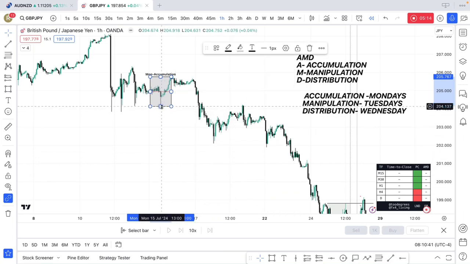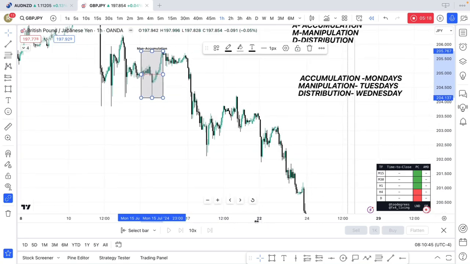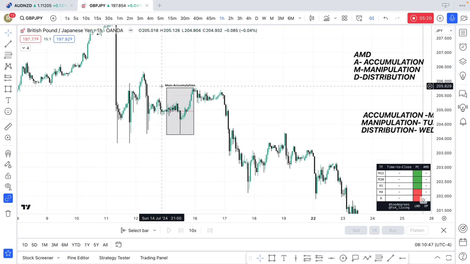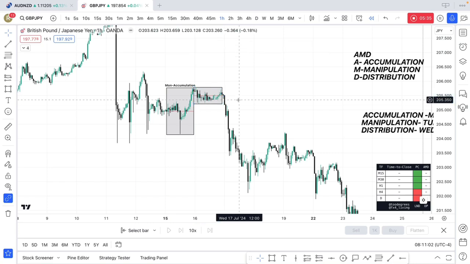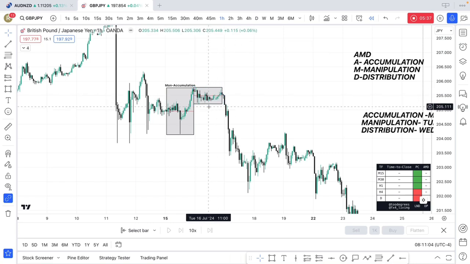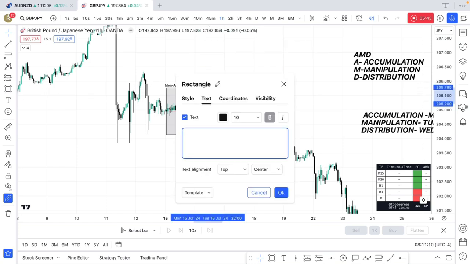So this is a Monday candle. Let's go to Tuesday and see what happens. This Tuesday, that's a high. This is actually the manipulation on Tuesday.